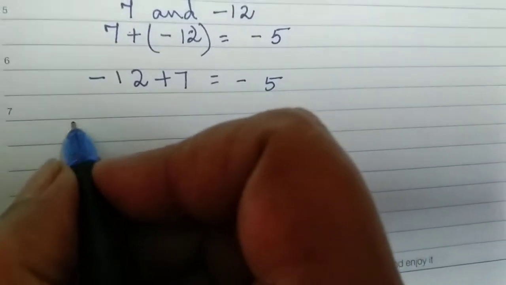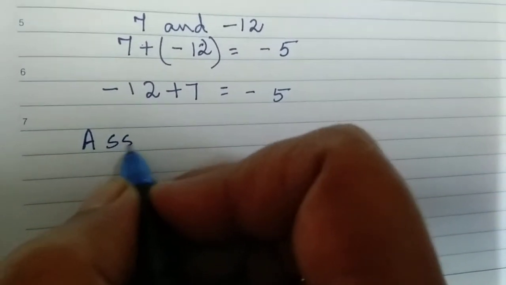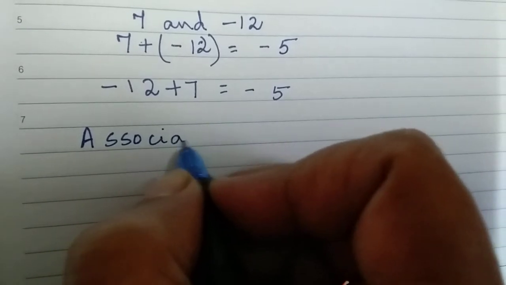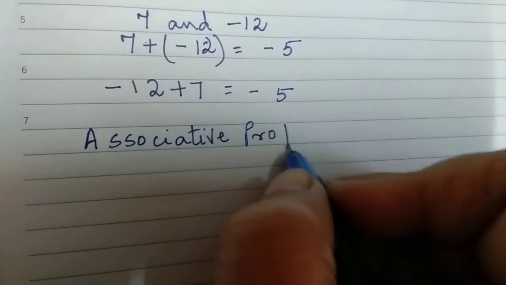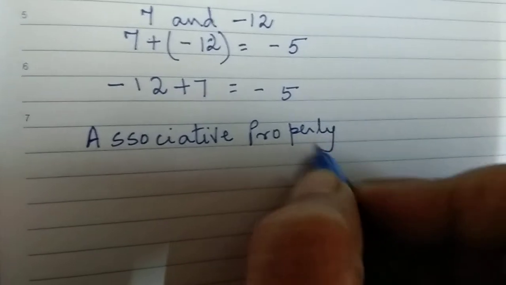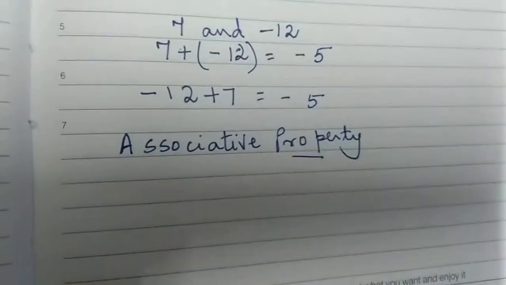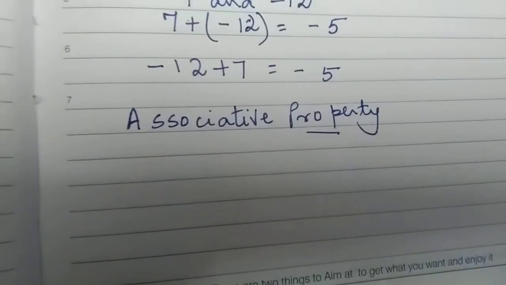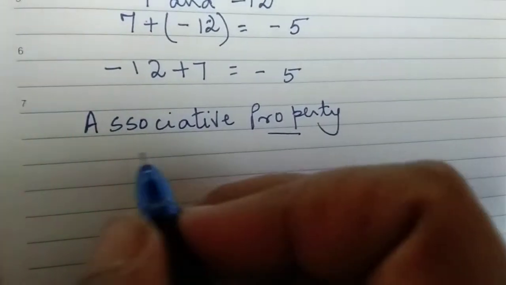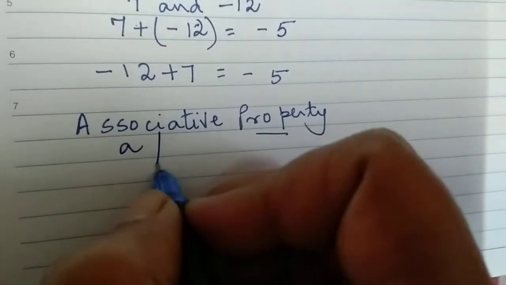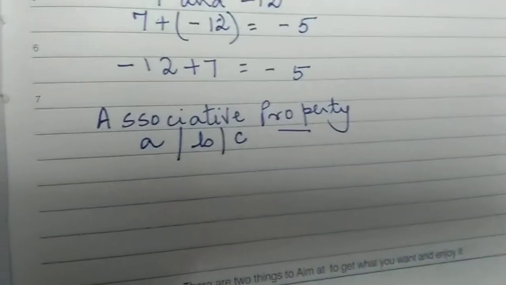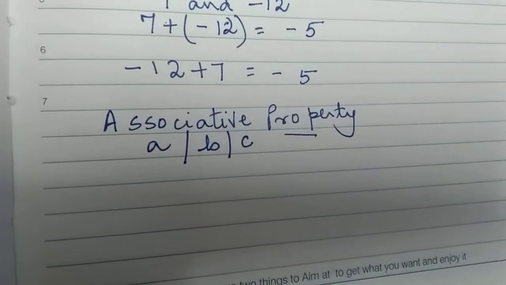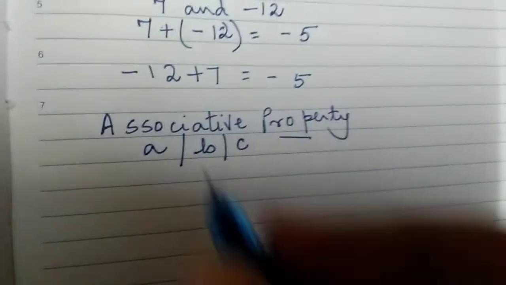The third property is the associative property. What is associative property of addition? Associative property of addition deals with three integers. Suppose we have three integers like a, b and c.